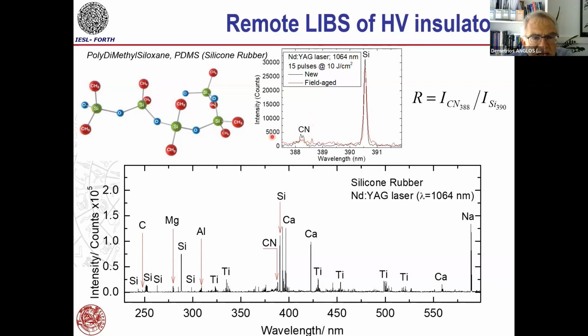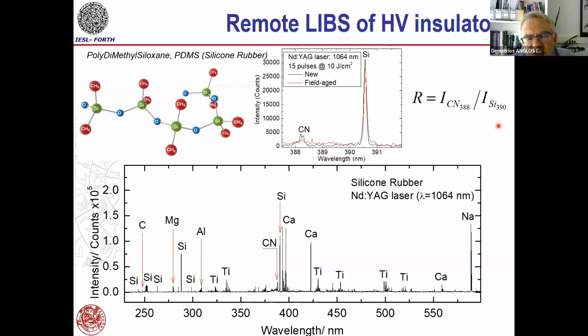So basically, we look at the ratio of carbon, or CN if you like, to silicon through this indicator, and that reflects the health of the insulator. When the CN to silicon ratio is over a certain threshold value, then we know that the methyl groups are there and the hydrophobicity is at the level where it has to be.